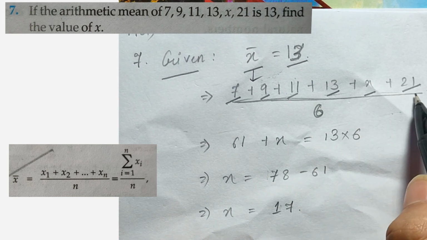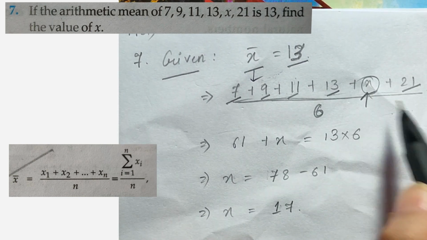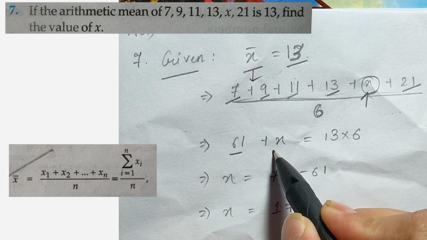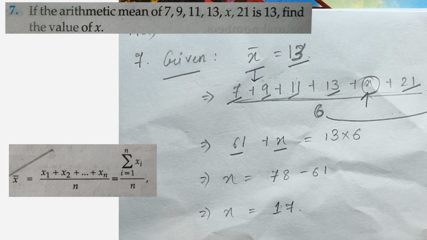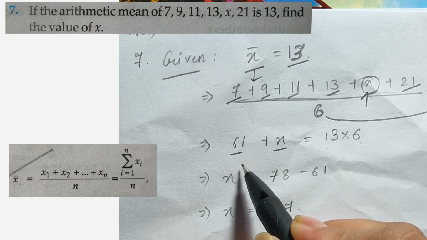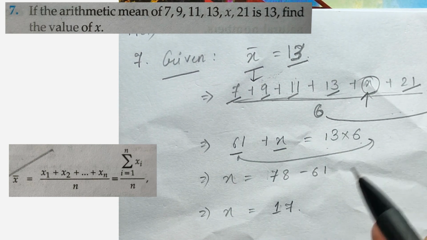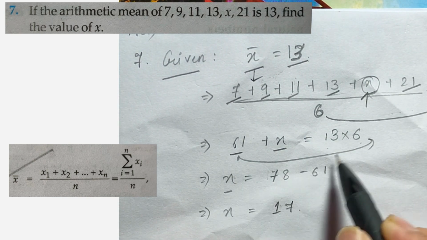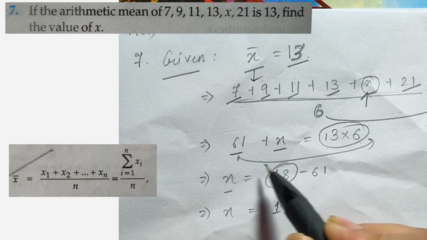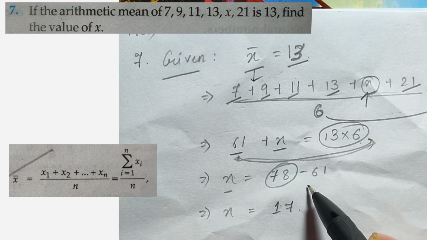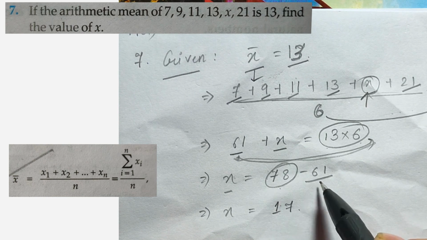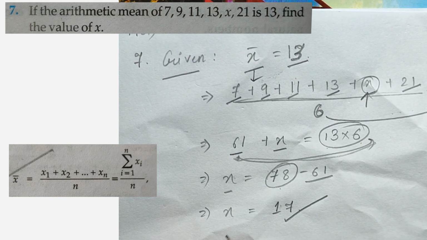When you add these numbers except x, obviously you can't add x, you get 61 plus x, and this 6 will go here as multiplication, so 13 into 6. Then we can take 61 to this side, so x is equal to 13 into 6, which is 78, and 61 when it goes to this side becomes minus 61. 78 minus 61 is 17. So the number x will be equal to 17.